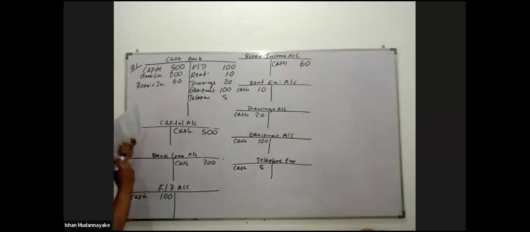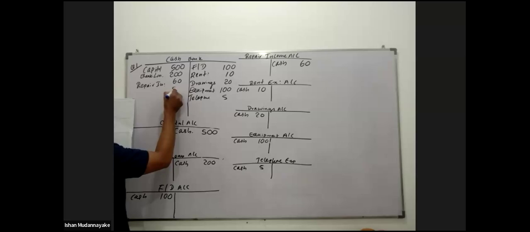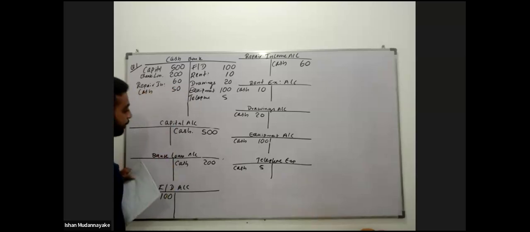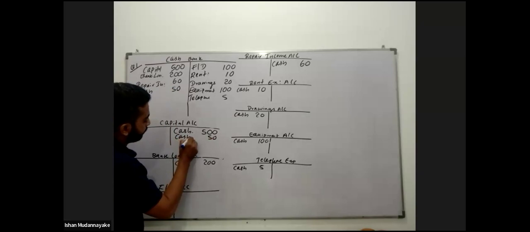So write cash book debit 50,000 capital, and then capital account credit 50,000 cash.